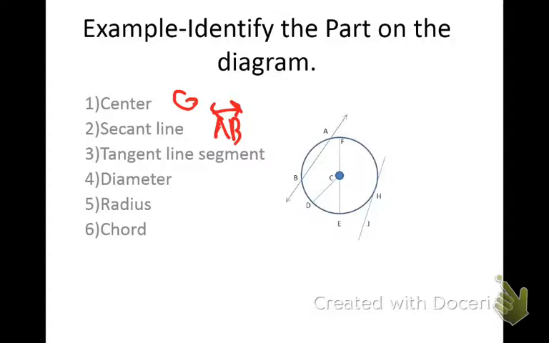What would be the tangent line, Jacob? You can't name a line with 1 point. You have to have 2 points. Okay, yeah, DH. The tangent line is DH.